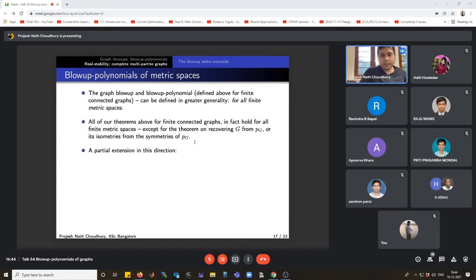But there is partial progress in that direction. So the blow-up polynomial is symmetric in all the variables if and only if the graph G is complete.